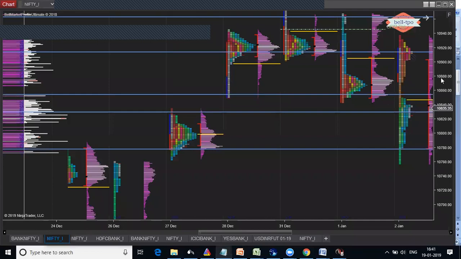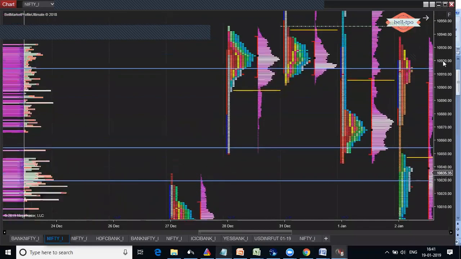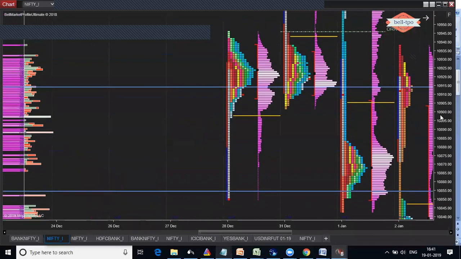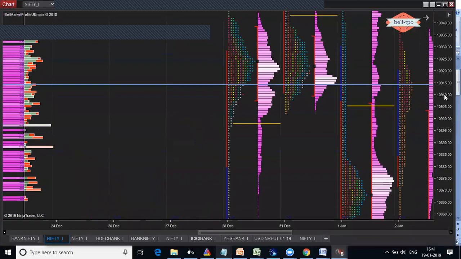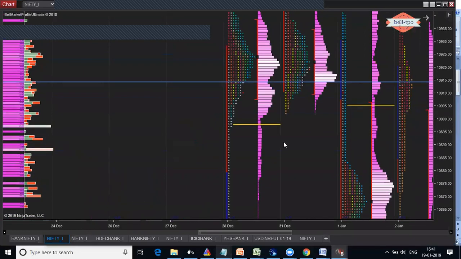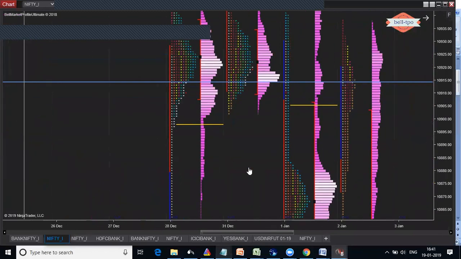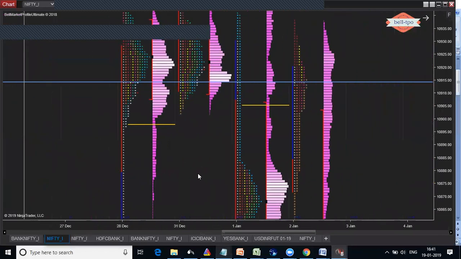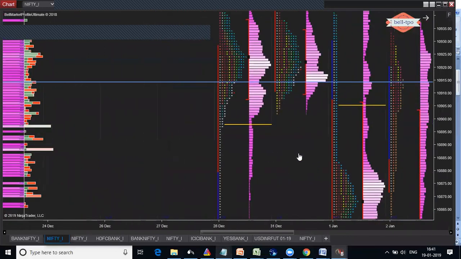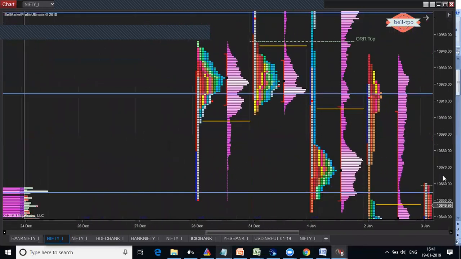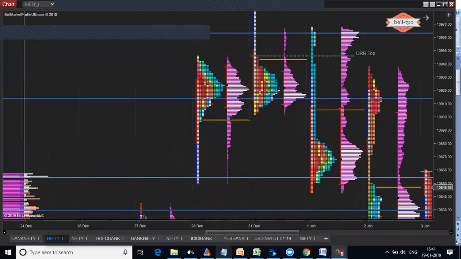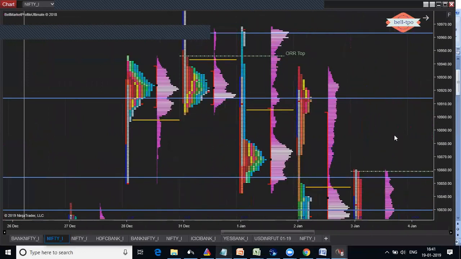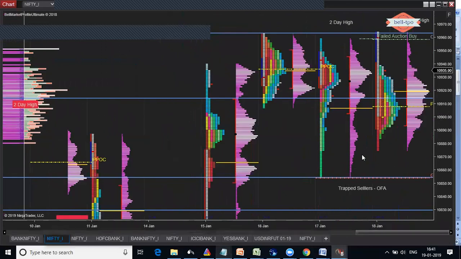There are two kinds of volume profile you can see in AmiBroker, in both the Bell Market Profile Basic version and the Ultimate Edition. You'll mostly be seeing two volume profile structures here. Let me go to the latest one. So here is the latest one.